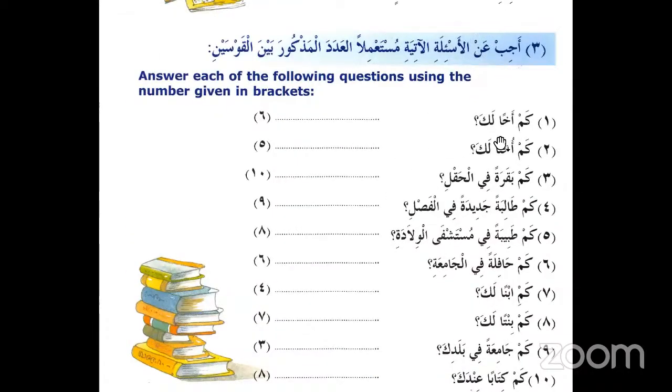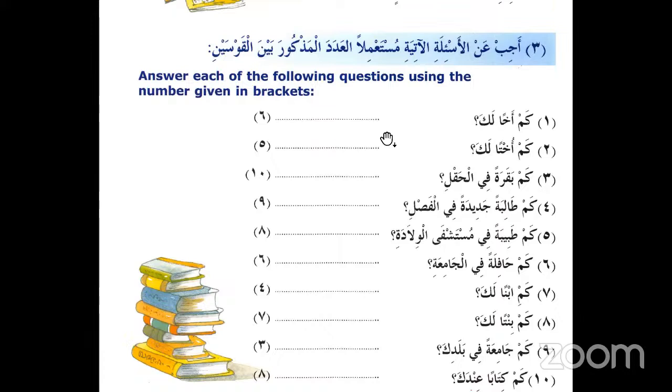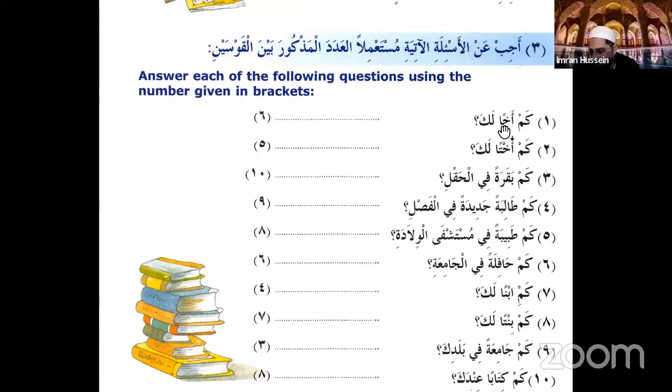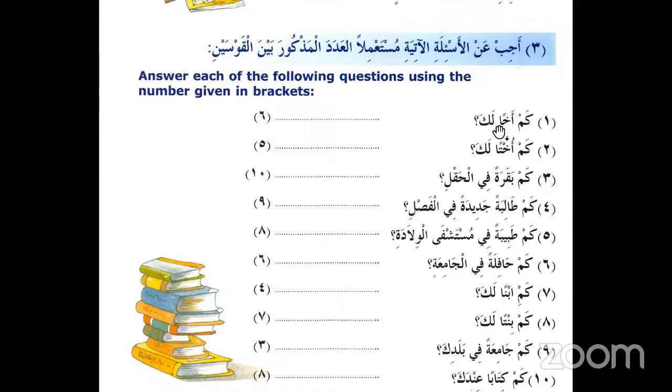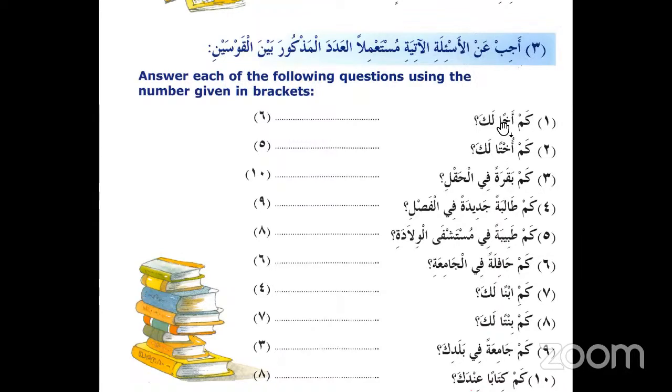Bismillahirrahmanirrahim. Kam akhan laka. What does that mean? How many brothers do you have? Brothers, is it masculine or feminine? Masculine. Correct. So the number will be used as feminine. So 6. What's the plural of akhun? Ikhwatun.